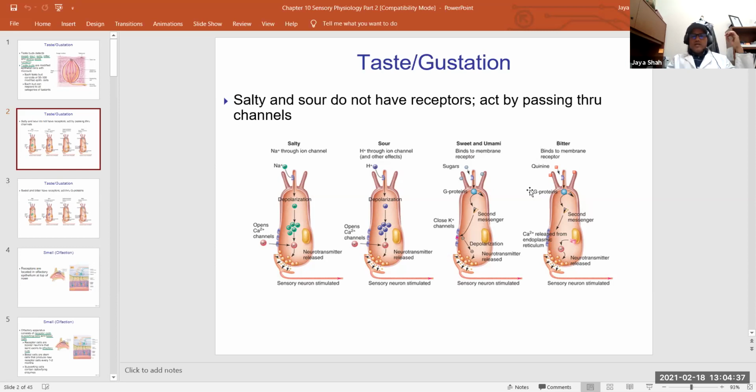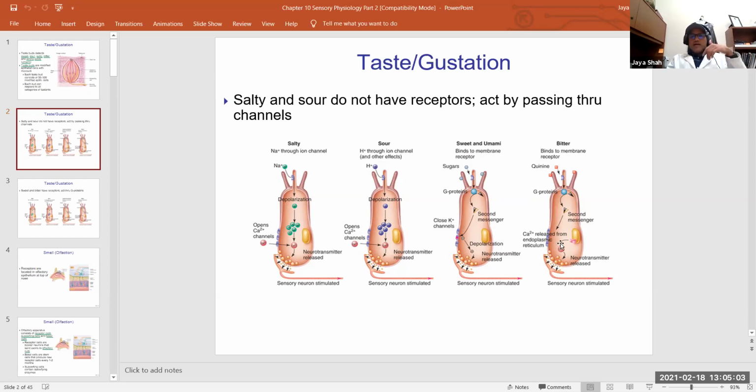Then the G protein dissociates and activates second messengers, several kinds of second messengers. And those second messengers then release calcium from the endoplasmic reticulum inside the receptor.